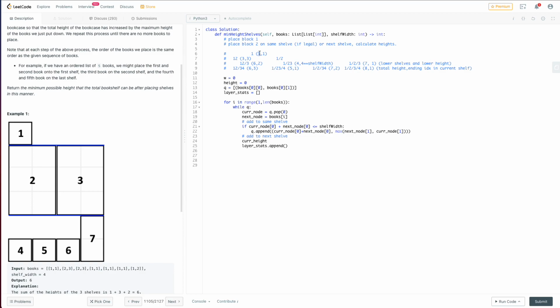Right, so if this was some height, then this is some height. Like if this was 3 instead and this was 1, then we would actually take the 3 of this one, so the current node.